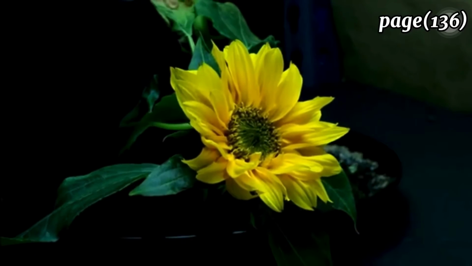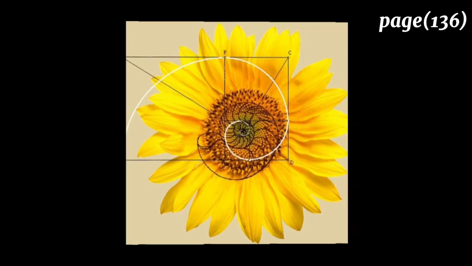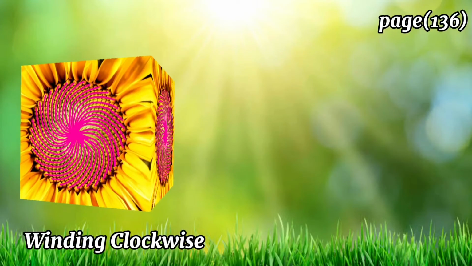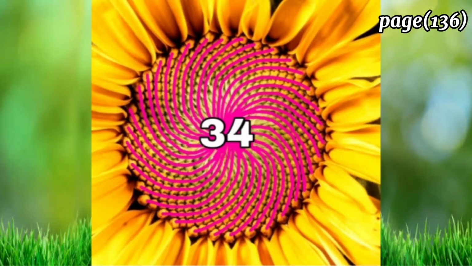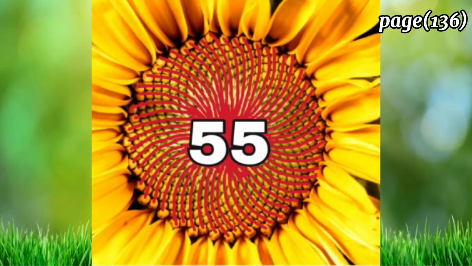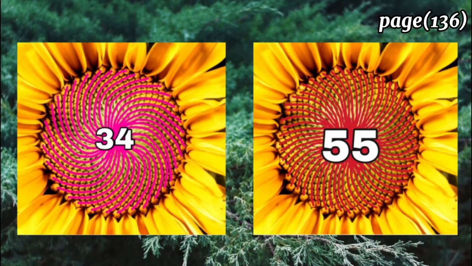If you look at a giant sunflower, you can find a remarkable pattern of florets in its head. These florets are arranged in two intersecting families of spirals, one winding clockwise and the other counterclockwise. In some, the number of clockwise spirals is 34 and the number of counterclockwise spirals is 55. Both are Fibonacci numbers occurring consecutively.